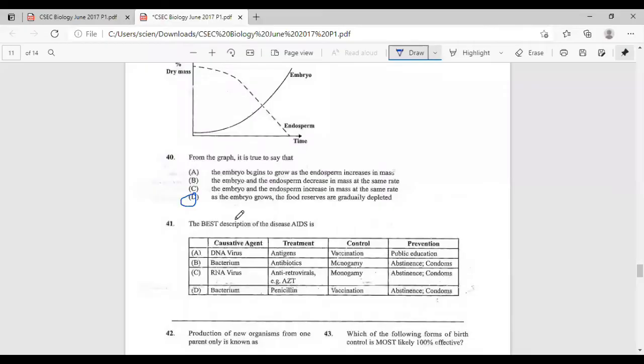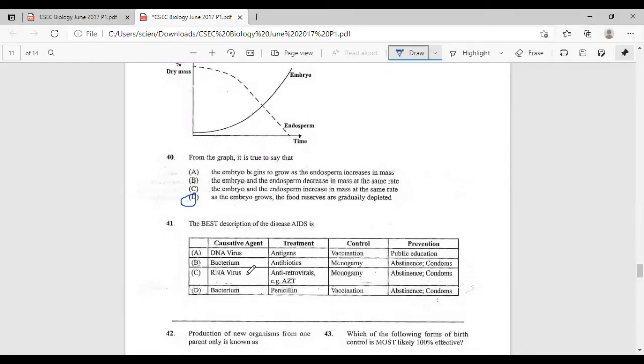41. The best description of the disease AIDS is, so in the table we have causative agent, treatment, control, and prevention. So we have A, DNA virus, treatment, antigens, control, vaccination, prevention, public education. Then B, bacterium, antibiotics, monogamy, abstinence and condoms.